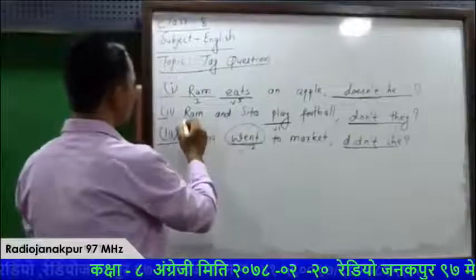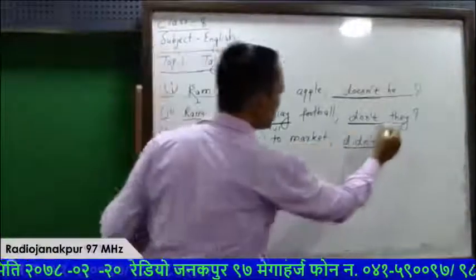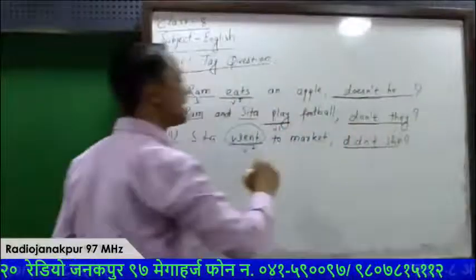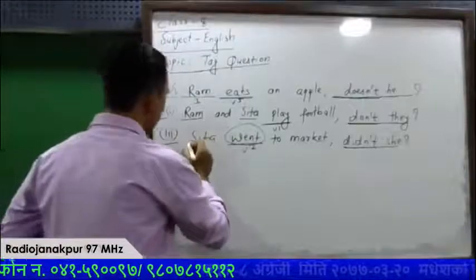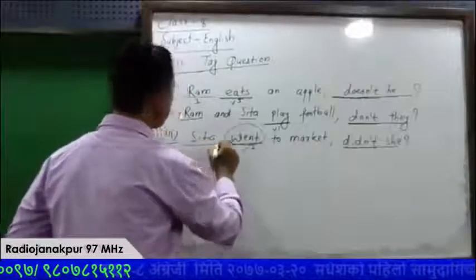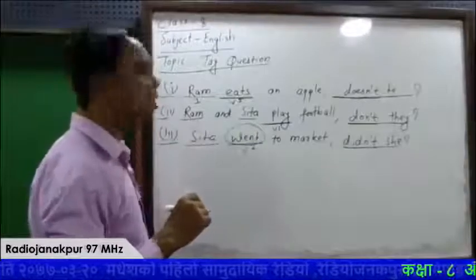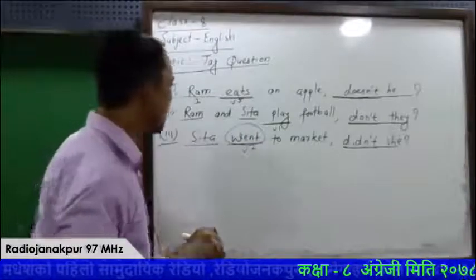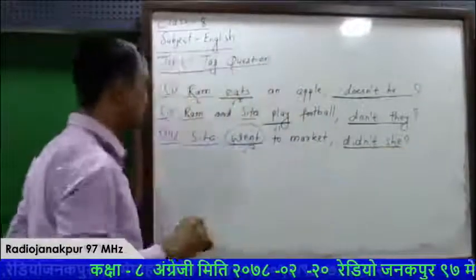Here are two persons in the subject, we have used they in the question tag. And in the third sentence, here is one female, one feminine gender, we have used she in the question tag.